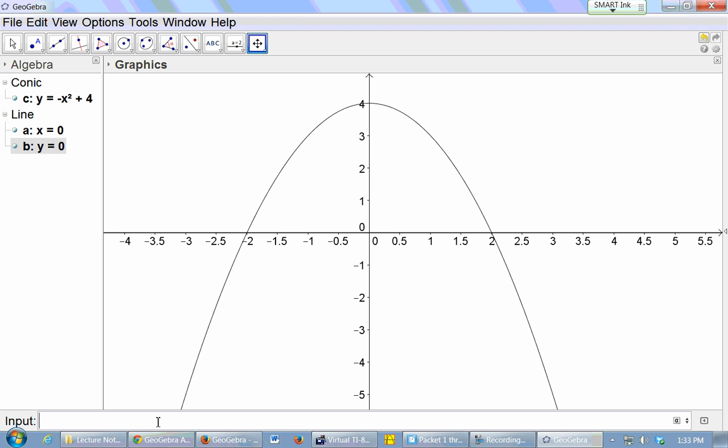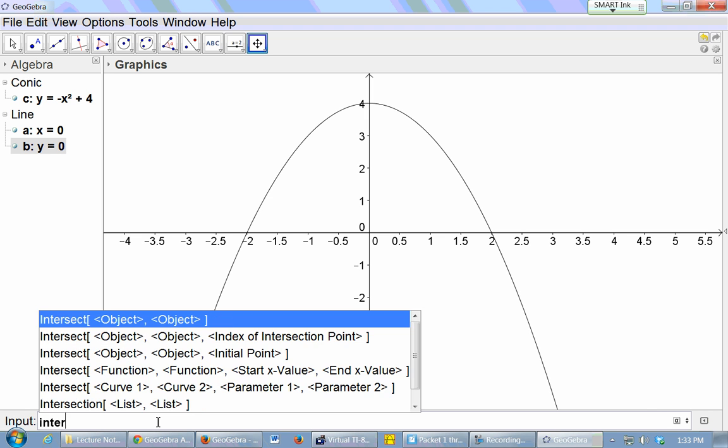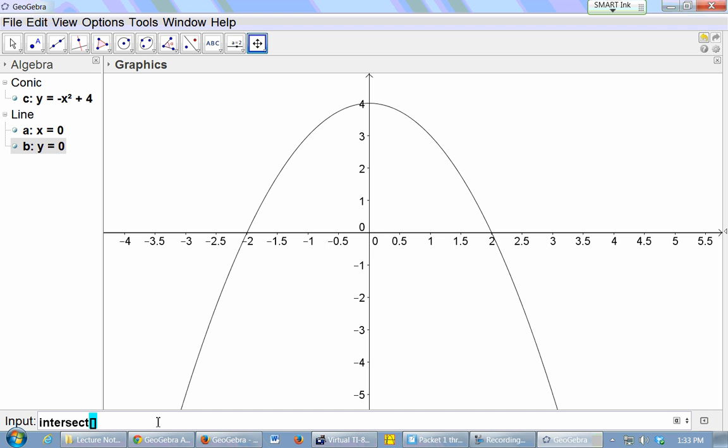And now if I want to know where my graph, the parabola, intersects the y-axis, I type in the input bar intersect, then a square bracket, and I'd like to know where my parabola, which GeoGebra named C, right? I would like to know where that intersects the y-axis, which is the line x equals 0.